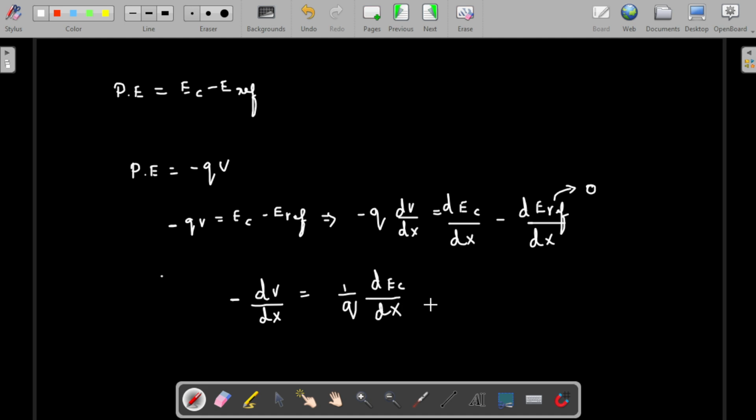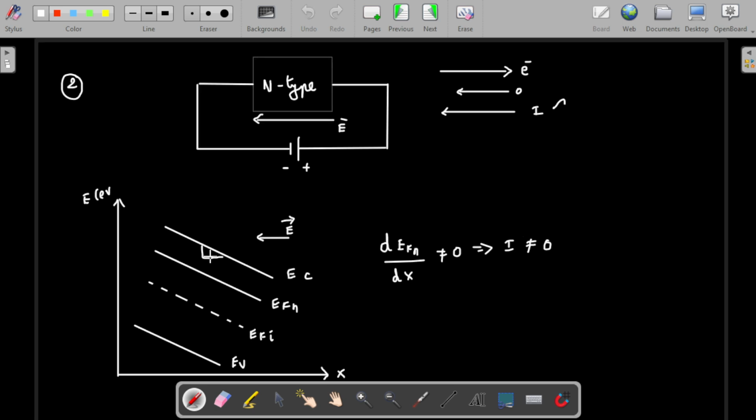So how much the voltage applied to the device changes, that much change in the energy level we can observe. This is similar to how much voltage we are applying across the distance.